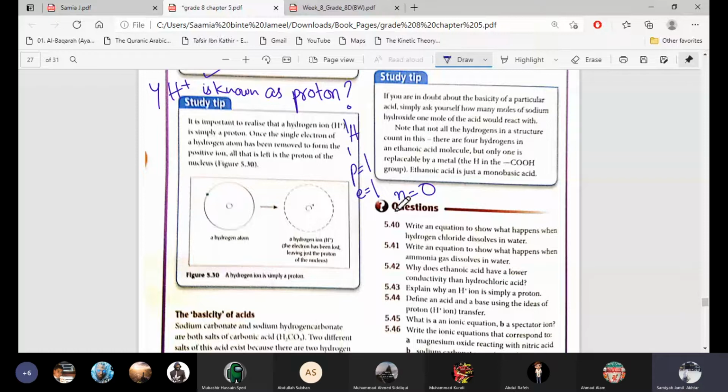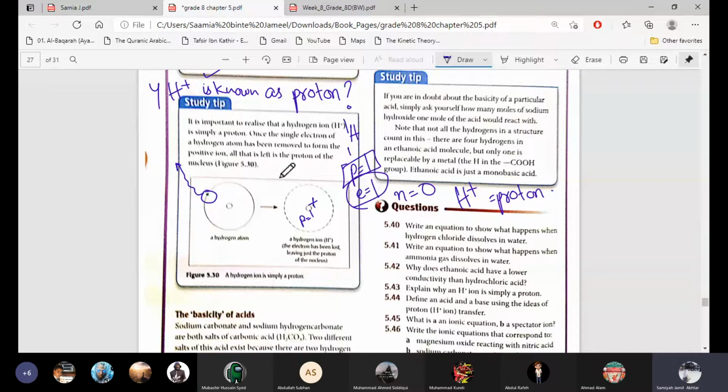If the hydrogen atom loses that only one electron, a positive charge will come on it, and inside the nucleus there is only one proton left. Previously there was no neutron in hydrogen, and now there is no electron also, only the proton is present. That is why the hydrogen ion is known as proton, because there is only one proton inside the nucleus after losing one electron.